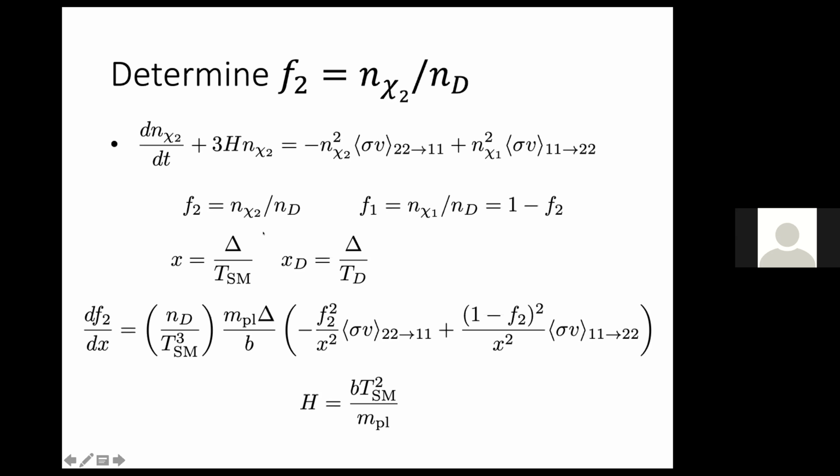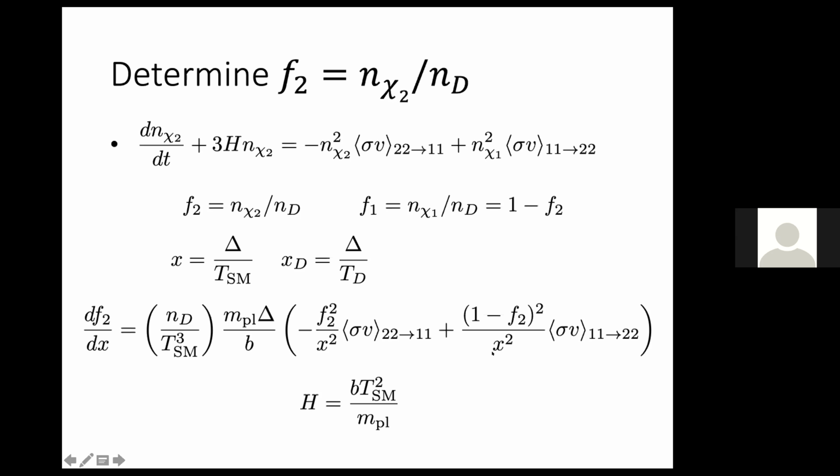And just as usual, we define two parameters: x as the gap delta divided by T standard model. We also have two temperature scales in this calculation, right? And x dark is delta divided by T dark, the dark matter temperature. After all this redefinition, we can rewrite this Boltzmann equation in the following form: df2 divided by dx is roughly equal to this.